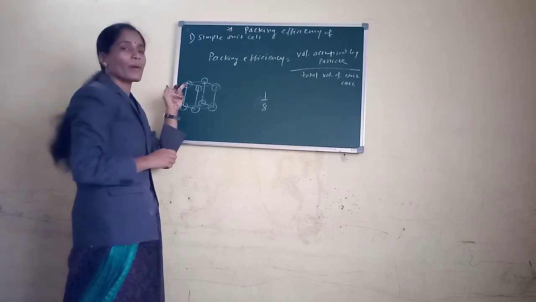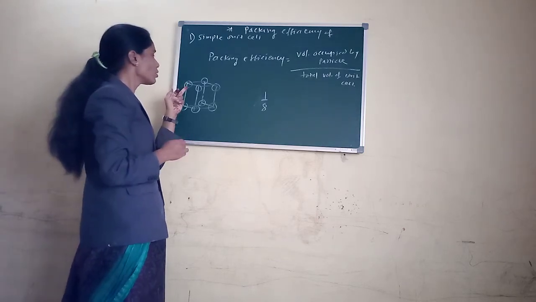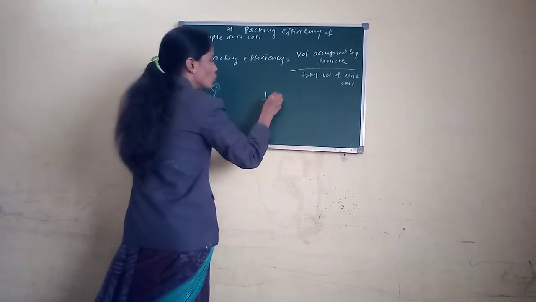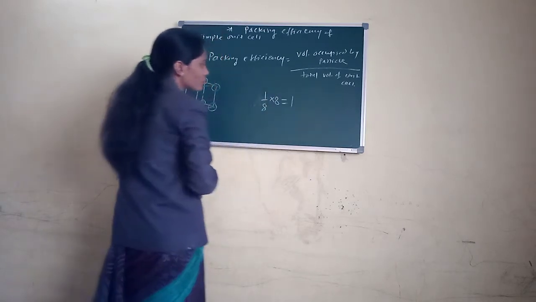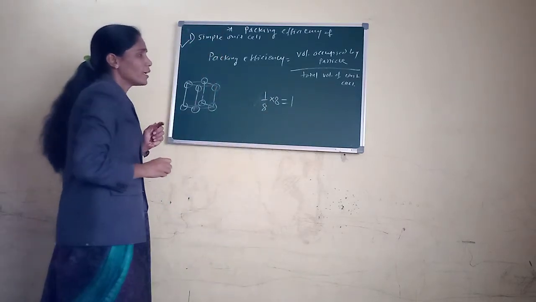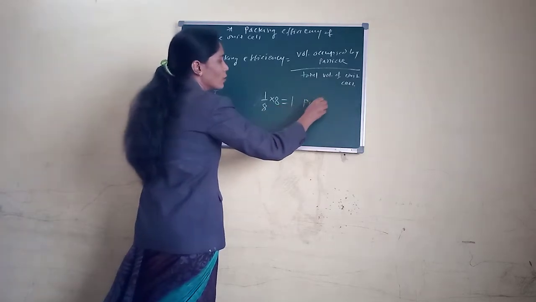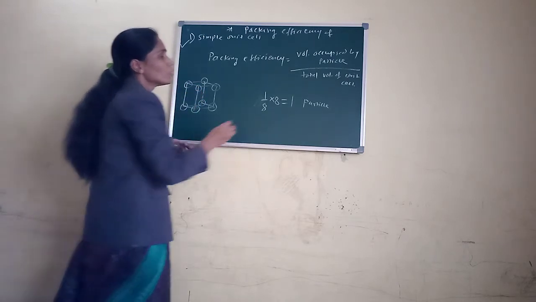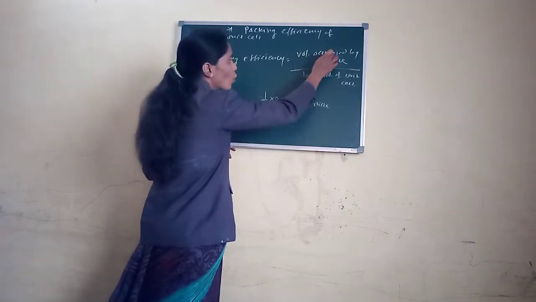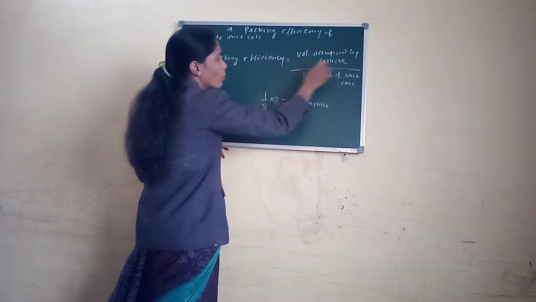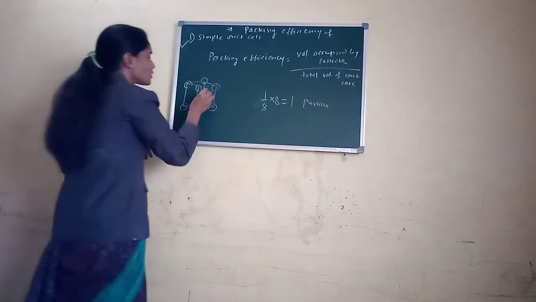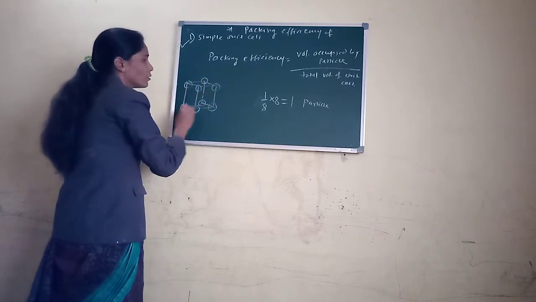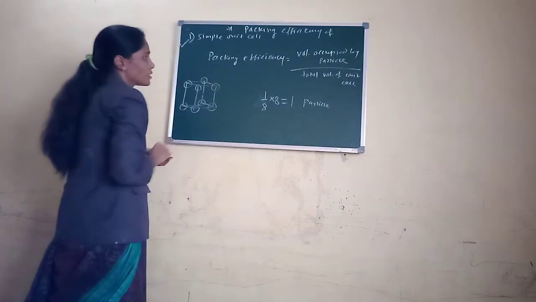Every corner occupies 1/8 position of the particle, and 1/8 into 8 is equal to 1. So in the simple unit cell one particle is associated with this unit cell. Therefore the volume occupied by this particle, n upon the total volume of the unit cell, which includes the voids also and this particle, is the packing efficiency.